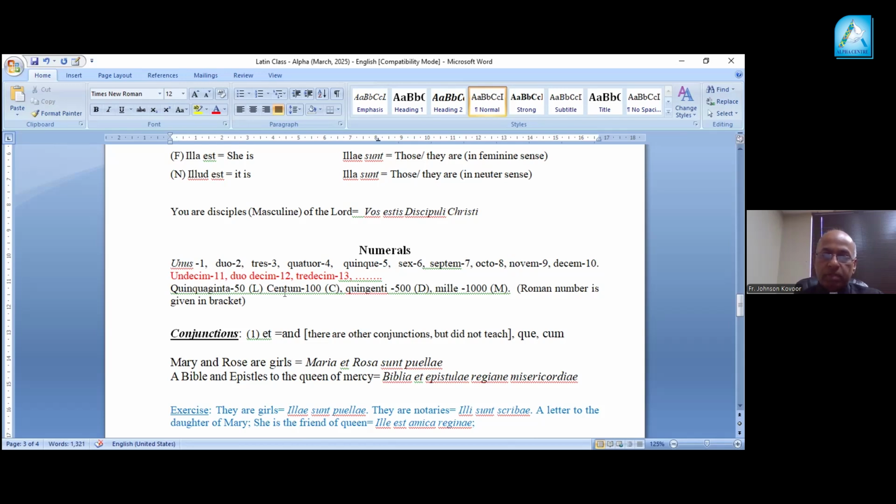Quinquaginta is 50, centum 100, as in centenary, quingenti 500. Millennium, 1000. That's enough. You can learn it by heart, at least 1 to 10 and 50, 100, 1000 and so on.